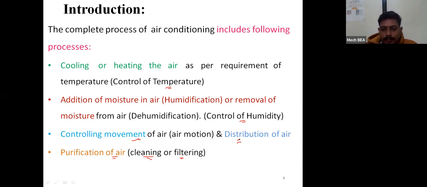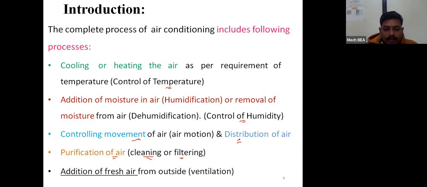So along with temperature, humidity and air motion, you also have to control the purification of air, and at the same time you have to add some fresh air from the outside. That is also called ventilation.